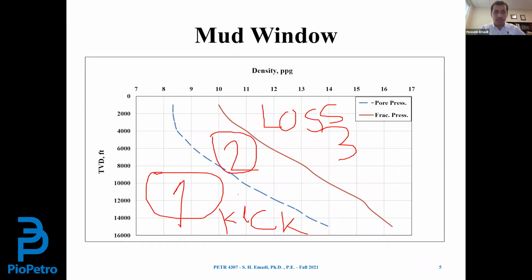For example, at 10,000 feet TVD, the mud weight or the density of the drilling mud can be somewhere between 11 to 14. So if the mud weight is somewhere between 11 and 14, we can say that in terms of well control, we're drilling safely. If we go below 11, a kick happens. If we exceed 14, loss happens.